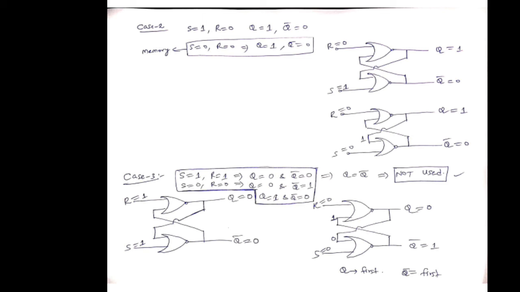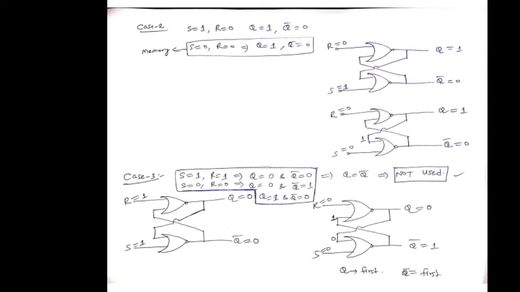That means the second input of this NOR gate is 0 1. If 0 1 is given to this second gate, what happens? I already made one statement from the truth table of the NOR gate, that is if any one of the inputs of this NOR gate is 1, the output is going to be low.